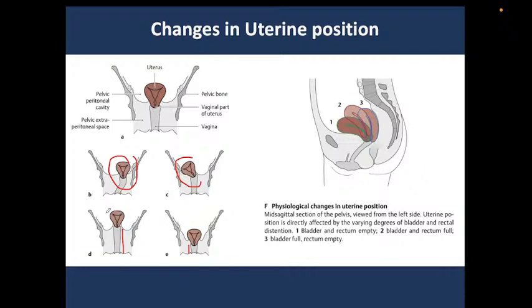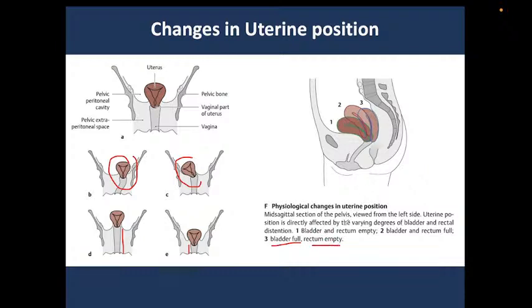The uterus is located differently. And it is interesting also that during different physiological changes in the pelvic organs, it is visible how the uterus changes its position. This one is number 3, when the urine bladder is full but the rectum is empty.